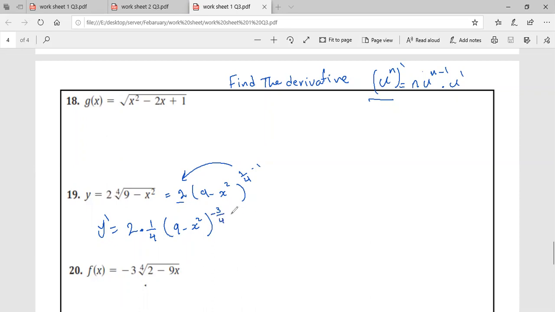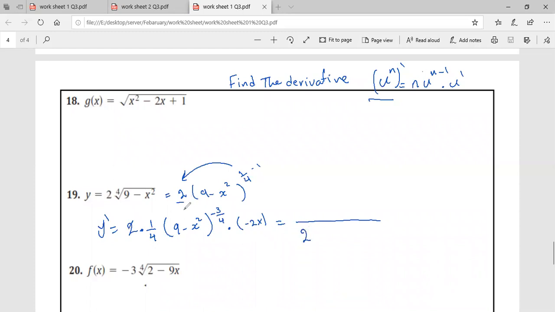I have not finished the answer yet. I have to multiply by the derivative, u prime, which will be between two brackets, please, negative 2x. Then rewrite this function in the simplest form. Here I have 1 over 4 times 2, so I have 2 in the denominator.